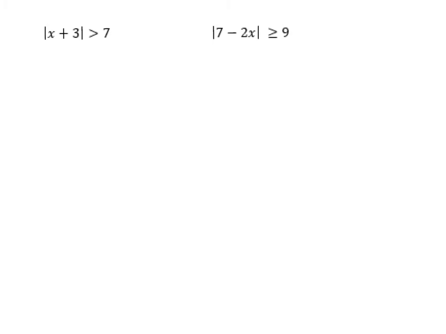All right, so here we're not solving for one continuous interval. Rather, we would have x plus 3 less than negative 7, and then we would have x plus 3 greater than 7.